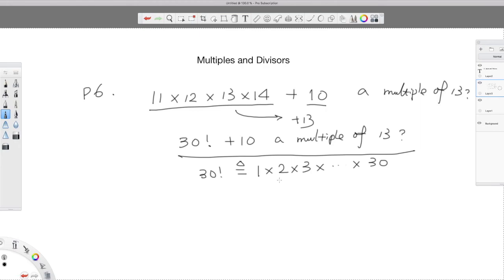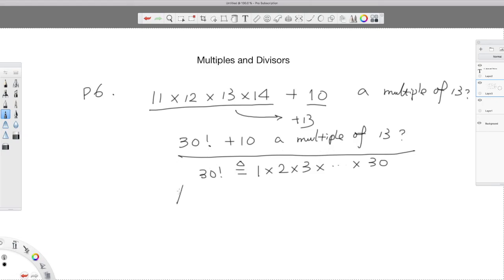You multiply all the positive integers from 1 to 30 together. It's called a factorial, and you write it with an exclamation mark. Is 30 factorial plus 10 a multiple of 13?